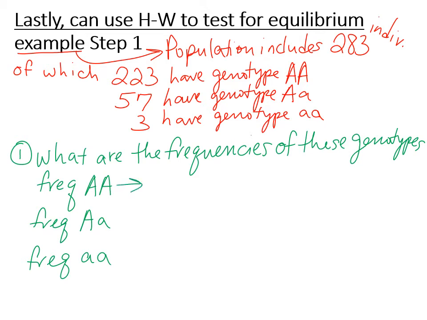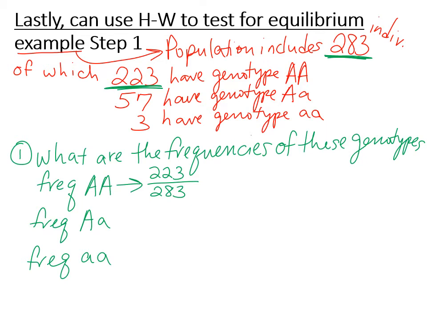Well, what do you know about the homozygous dominant? We said 223 out of 283 have that genotype. And what did we say before about out of in math? 223 out of 283. Whenever you hear out of, you do division. So all you do is 223 divided by the total.